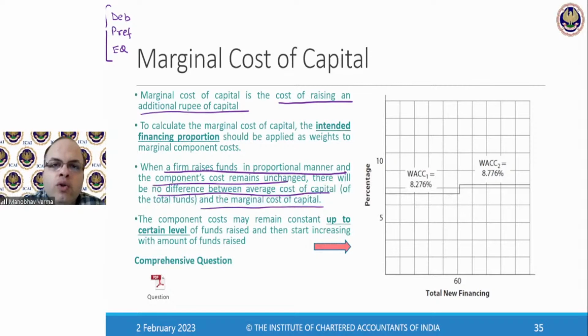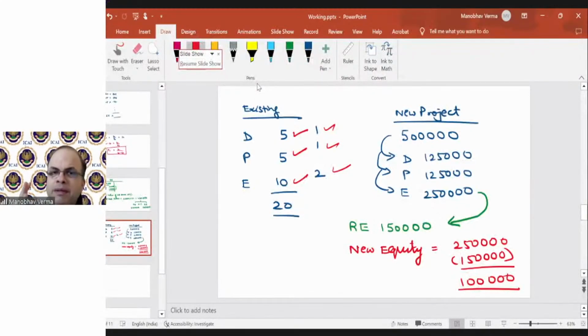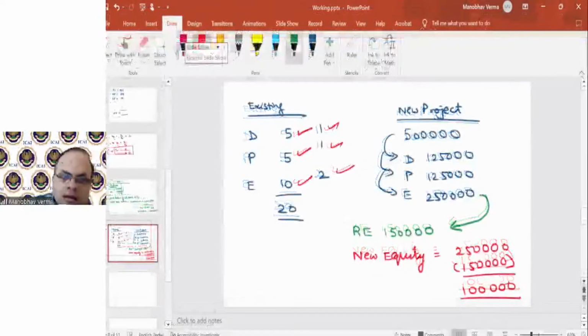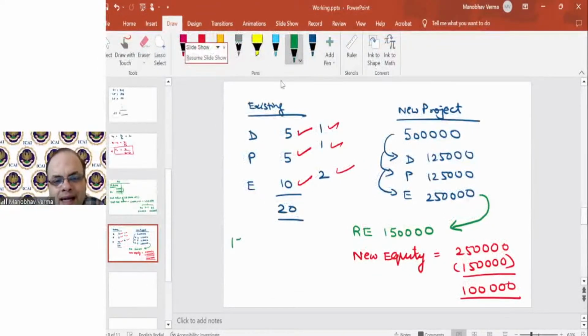Like in the example I told you, 1,50,000 retained earnings was there in the business. Till that point, the cost of retained earnings is equal to the cost of equity. But if we need more than that, because we needed 2,50,000, my cost of equity will be slightly higher due to the flotation cost. Other way around, I have 1,50,000.